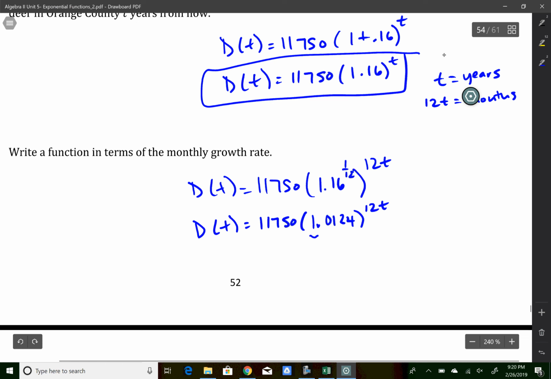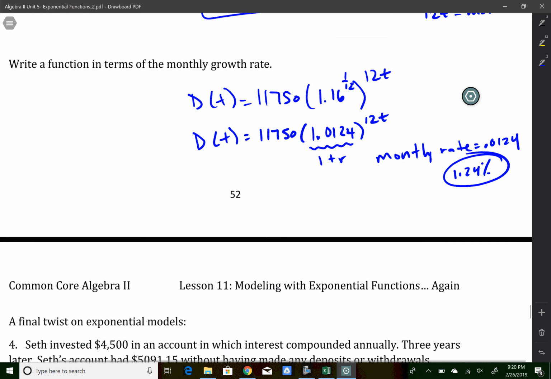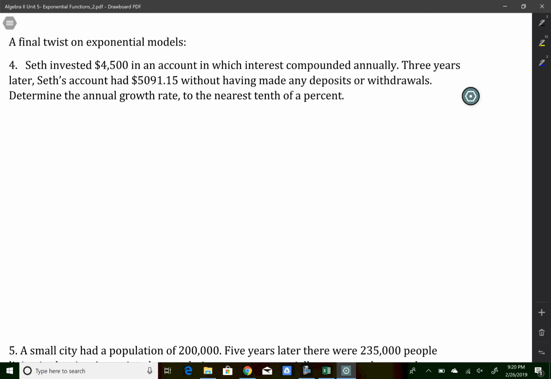So I could take this number down here, 1 plus r, and I can say the monthly growth rate is 0.0124, which is about 1.24%. That's all we're doing, right? We're just changing the exponents around so that we could change the rate. That's it. Keep going. Last twist on exponents.